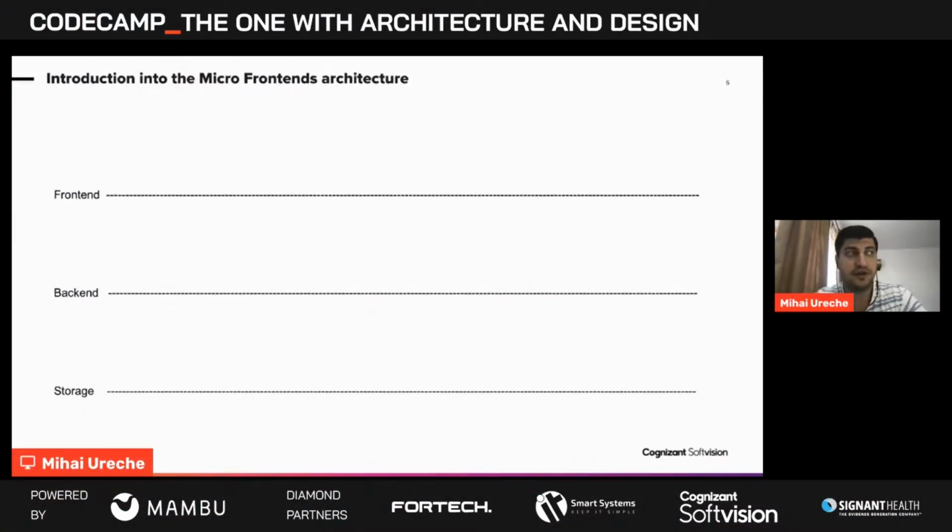So let's go further and discuss microfrontends. As you know, most applications nowadays have three layers. The front-end layer is the part that is visible and which the user uses to interact with our application. Most of you probably wrote some HTML, CSS, or JavaScript. The backend layer is the part that is doing the heavy lifting and where all the logic and calculation take place.